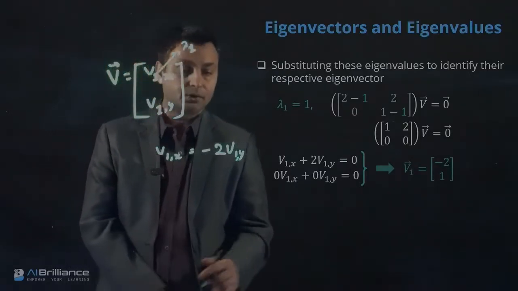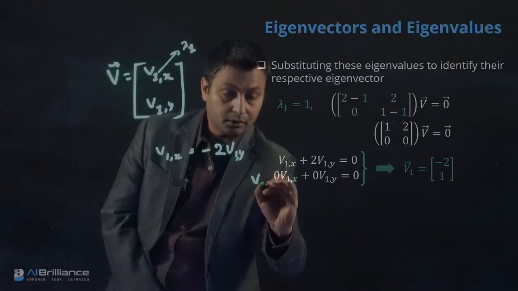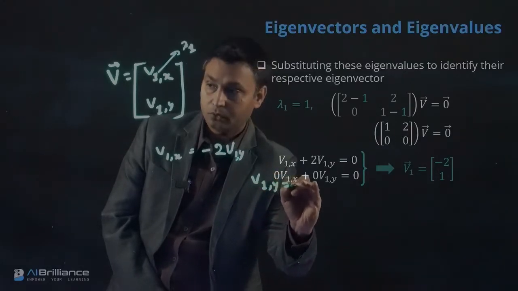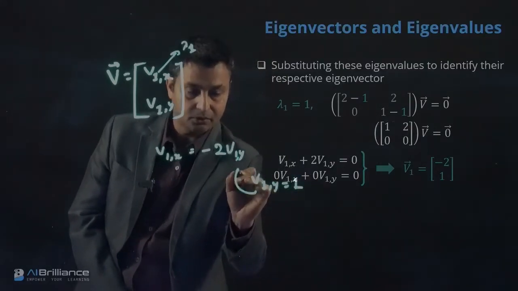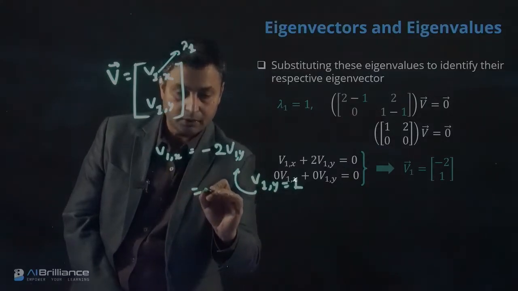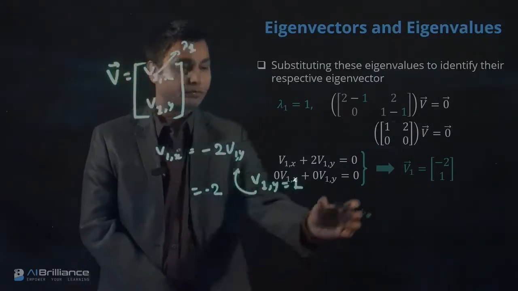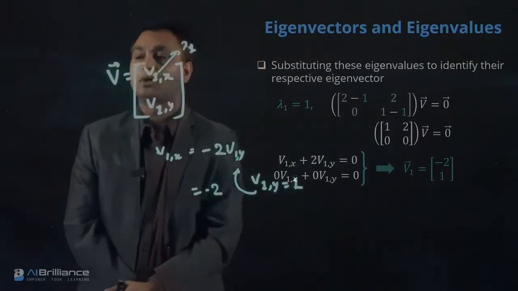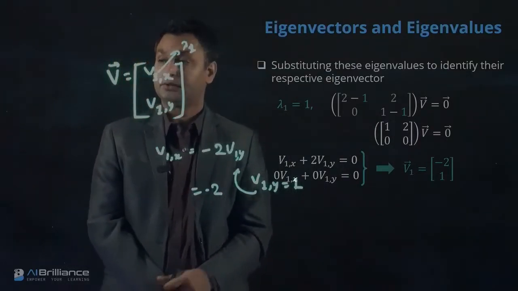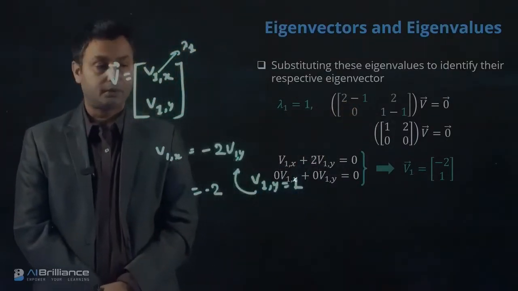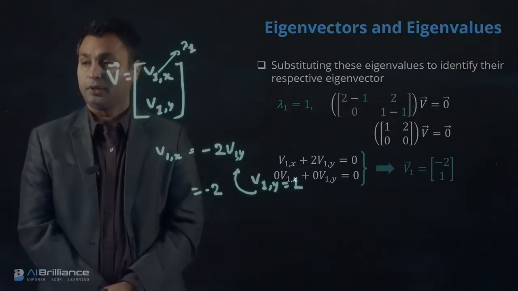By substituting v1y equal to 1, that will give me v1x equal to minus 2. So from there we can determine one of the eigenvectors that are associated with the eigenvalue lambda 1 equal to 1.